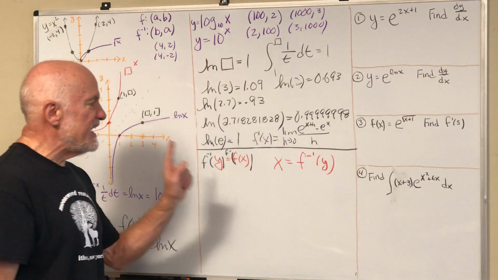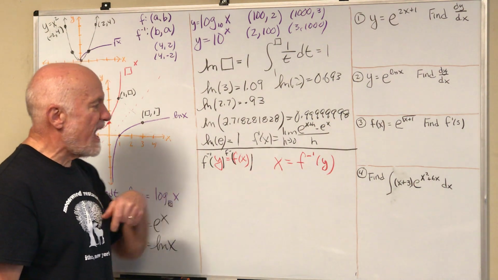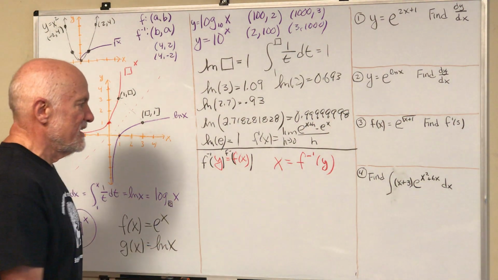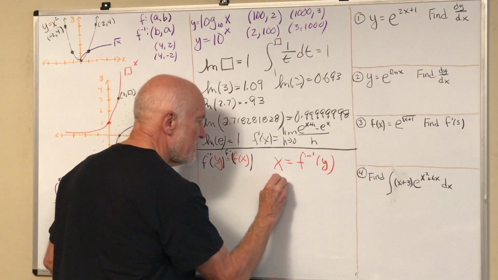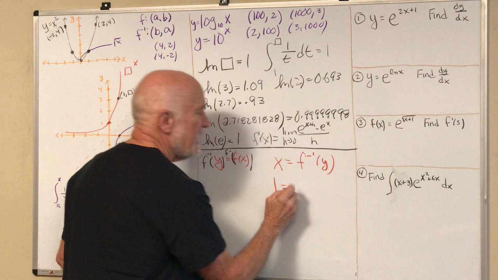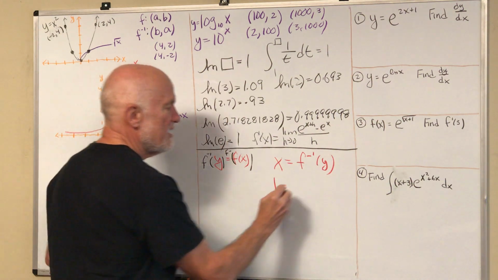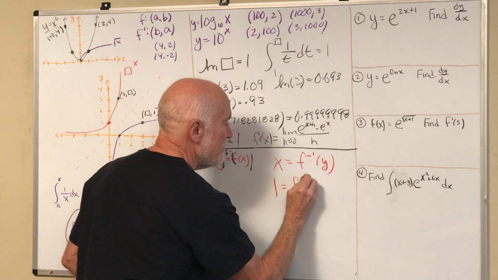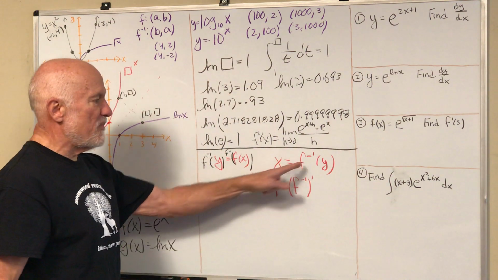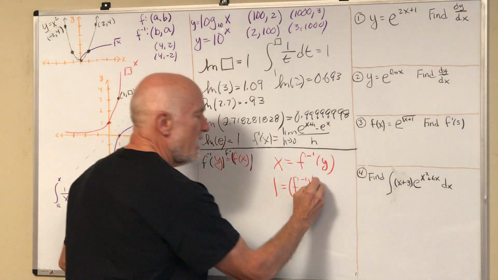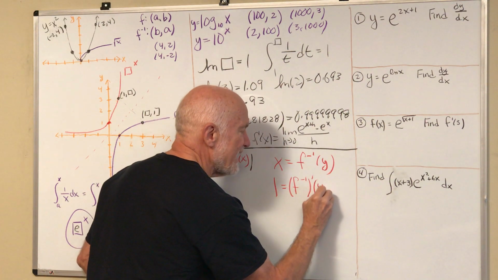And now I decided to take the derivative of both sides with respect to x. So the derivative of x with respect to x is 1. And what's the derivative of this? Well, it's f minus 1 prime, so the derivative of f minus 1 of y.